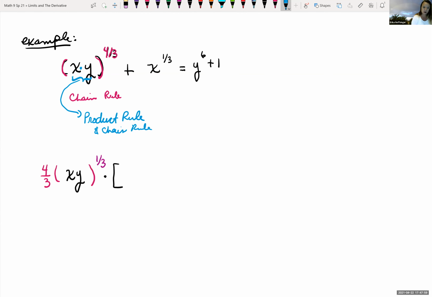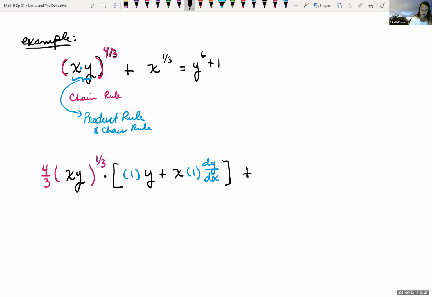The derivative of the first term, x, is 1 times our y, plus the first term, x, times the derivative of y, which is 1, but since y is in terms of x, we have to write dy/dx. In that bracket, that was the product of the inside.